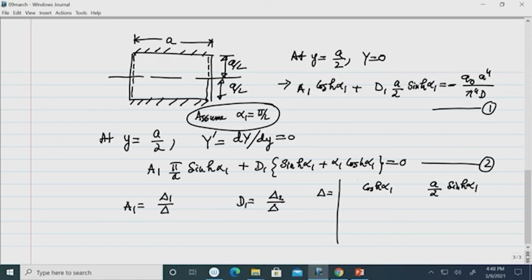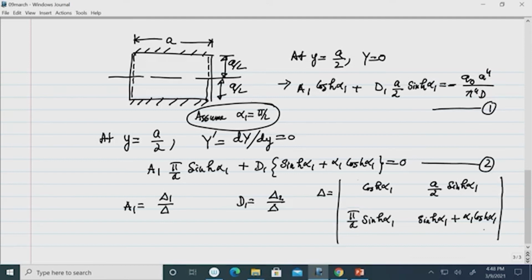Then the coefficient of a1 in the second equation is pi by a sin hyperbolic alpha 1 and the coefficient of d1 in the second equation will be sin hyperbolic alpha 1 plus alpha 1 cos hyperbolic alpha 1.